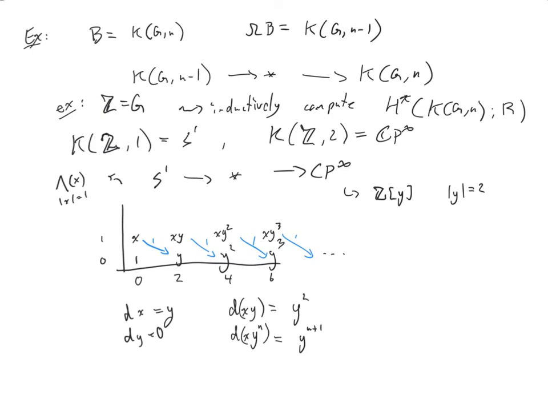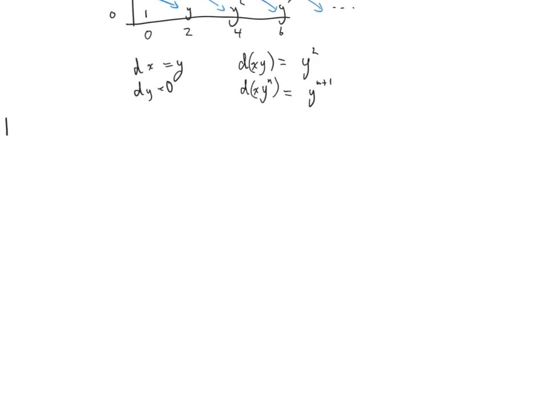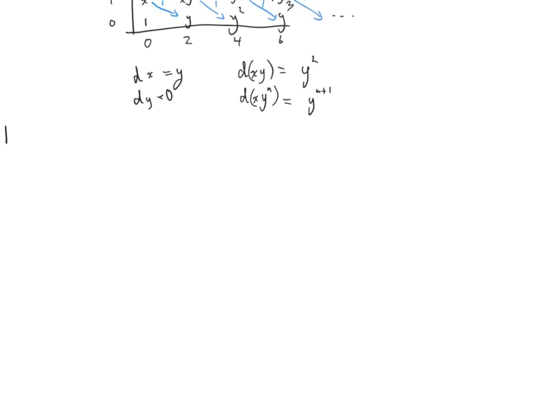However, as soon as you go up 1 degree to try to compute the cohomology of K(Z,3), things get a little worse. So let's just be careful. So here we're going from CP infinity to point to whatever K(Z,3) is.